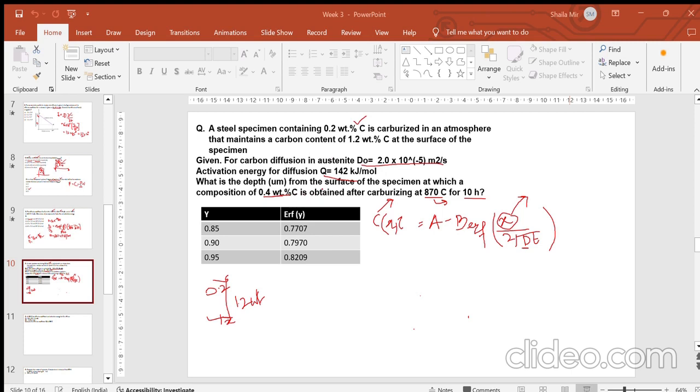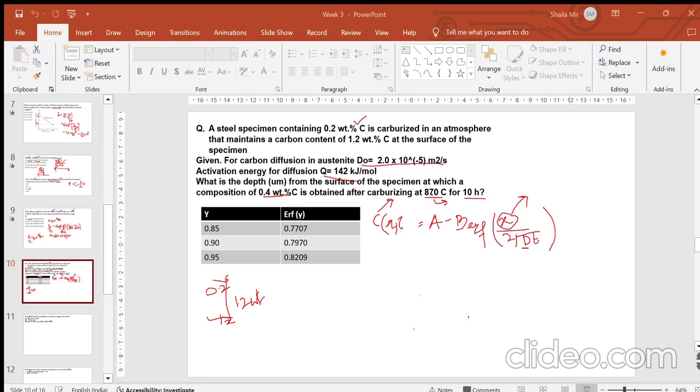So for C at a position of x and at a time of t, we have it as 0.4. So we write 0.4 for this. For A, we know it is the concentration at the surface, which is Cs, given here as 1.2. So you can write 1.2.